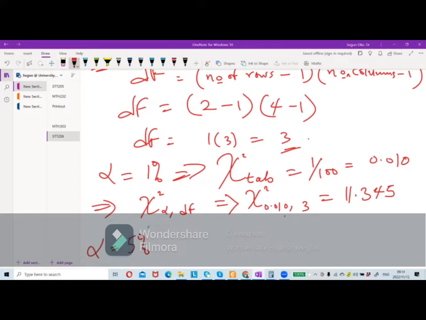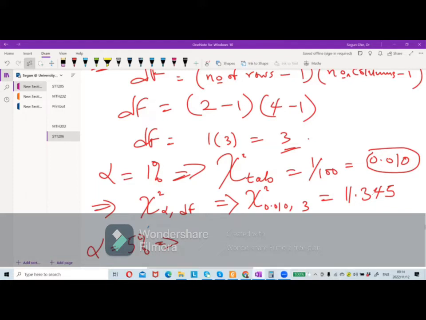Yes, Gift. Why are we converting the 1%? You are not converting. We are just trying to write it the way it's supposed to be. Whether you convert or not, it's still the same thing. Some tables will put it this way, some will leave it as 1%.